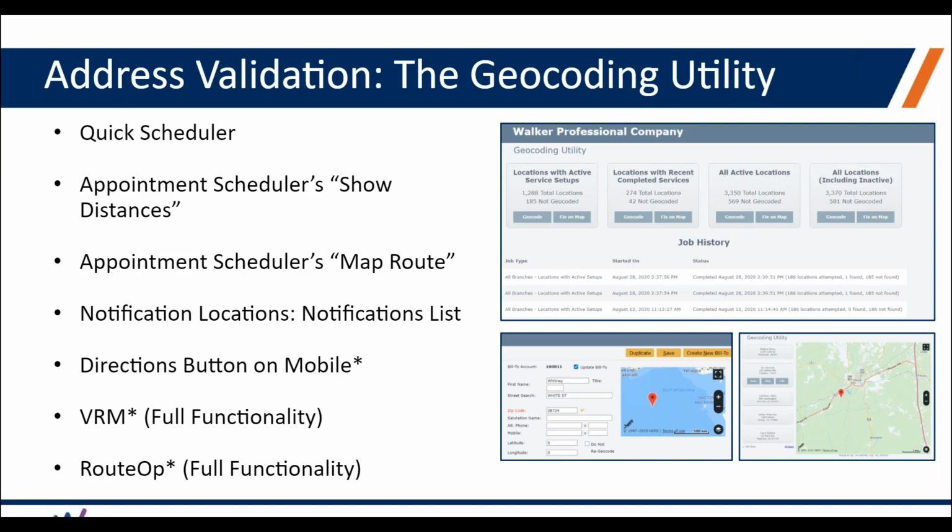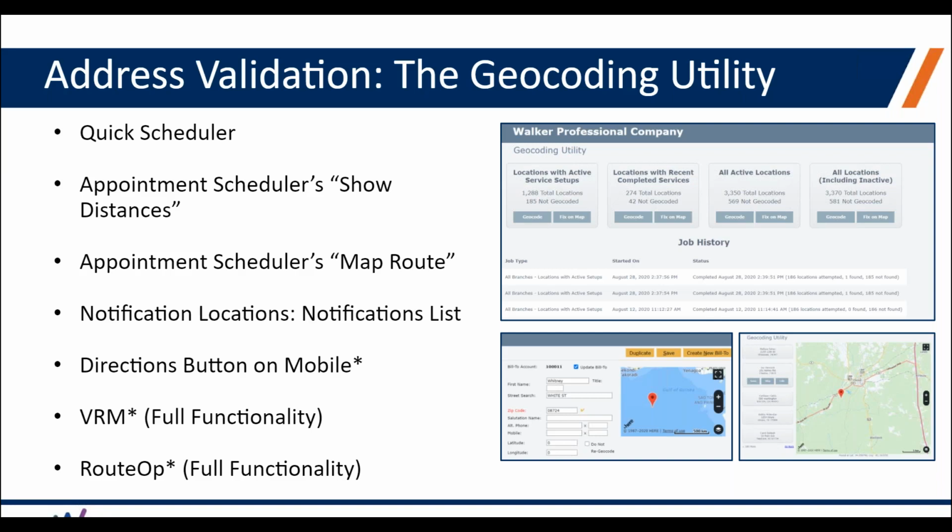So with this utility, you are actually able to come into it at any time, like my screenshot on the right-hand side shows at the top. And it's going to almost go in order of importance with those 4 boxes: locations with active recurring services, locations with recently completed services, all the active people, and all locations in general, even the inactive.